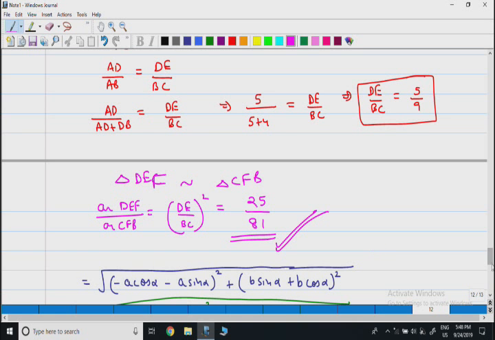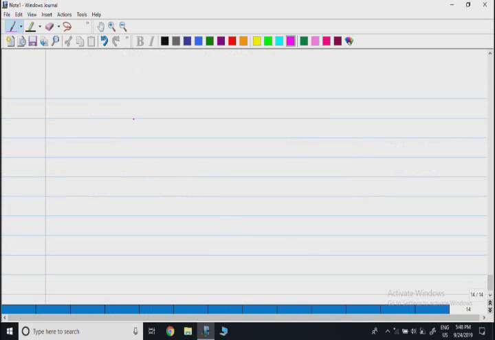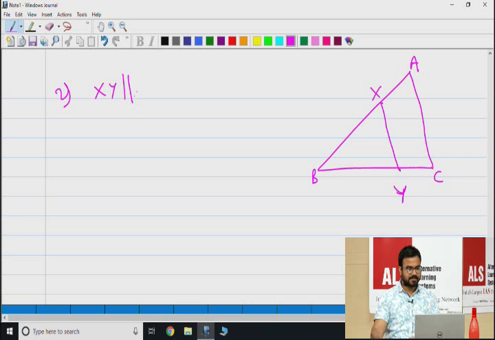Now try this question. In this question the diagram is given. This is the diagram. This is a board question. This is triangle ABC, and this XY you can see. It says that XY is parallel to AC.